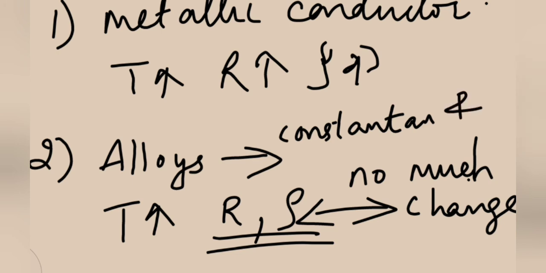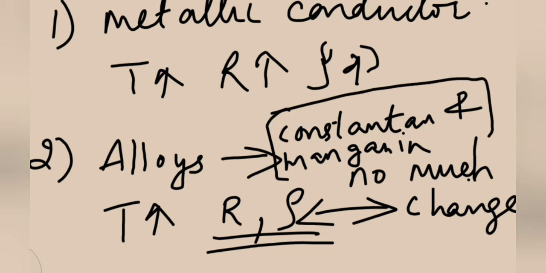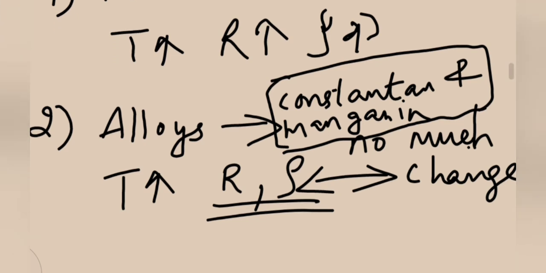These alloys, constantan and manganin, are mainly used in constructing standard resistances in the laboratory, wherever we need equipment in which temperature changes should not affect the resistance.